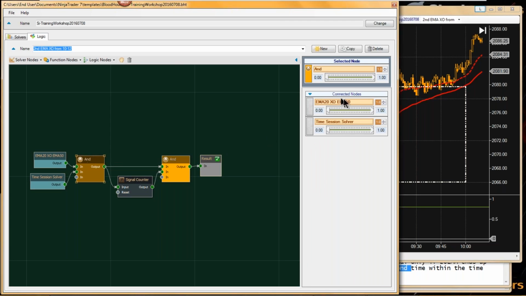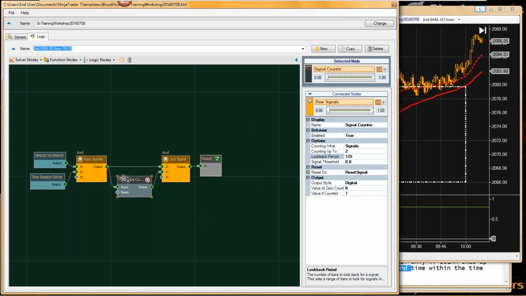So, all right. And let's name this AND node here. We'll just call this the raw signals, and this AND node here is the second signal. There we go.